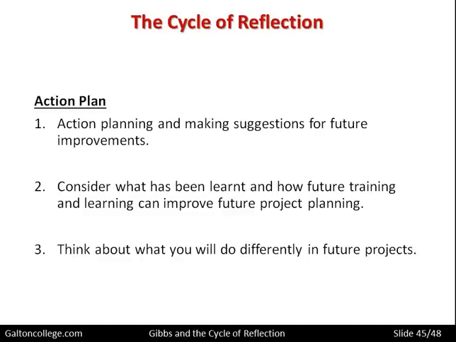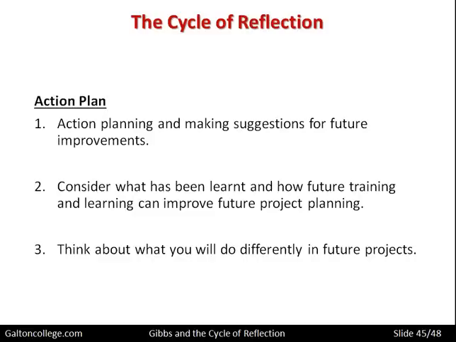Think about what you would do differently in future projects. And the action planning should have self-criticism built in. It should have a section on how you went about the project, how you, on reflection, should have gone about the project, how you would do it differently, and what resources did you have that helped, but perhaps what resources that ideally you should have had and you should have marshalled in advance to help you to conduct the project efficiently and effectively.